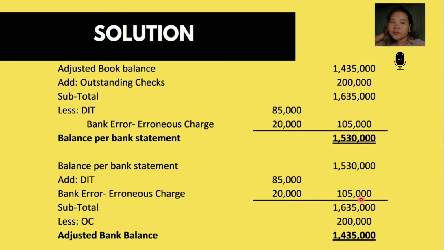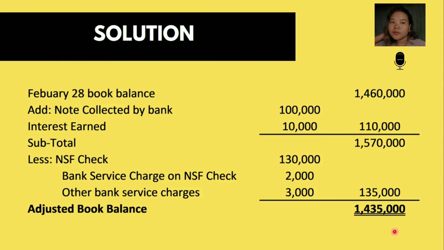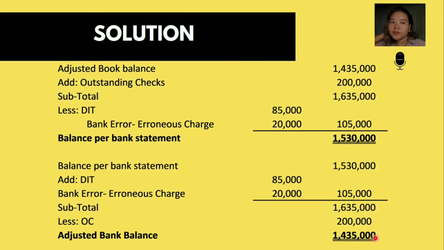Add the 105,000 and its subtotal is 1,635,000. Less the outstanding checks worth 200,000. The adjusted bank balance is 1,435,000. As you can see, the adjusted book balance and the adjusted bank balance that we computed are equal. Therefore, our answer is correct.